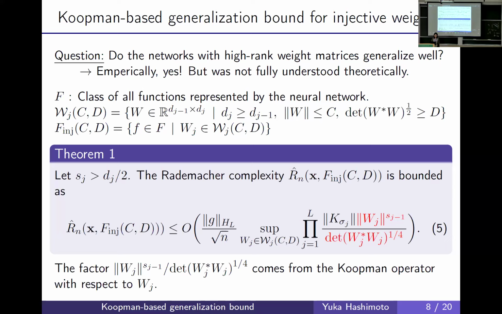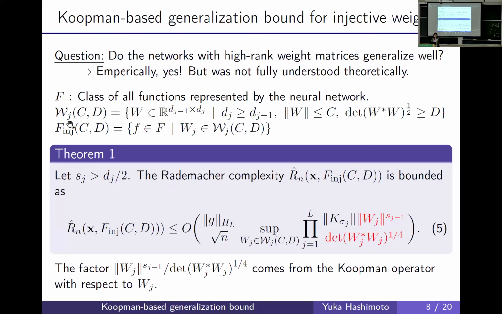Empirically, there are some existing results that show neural networks with high rank weight matrices also generalize well. But it was not fully understood theoretically. So our goal is that we want to analyze the generalization property of neural networks with high rank weight matrices by using Koopman operators.